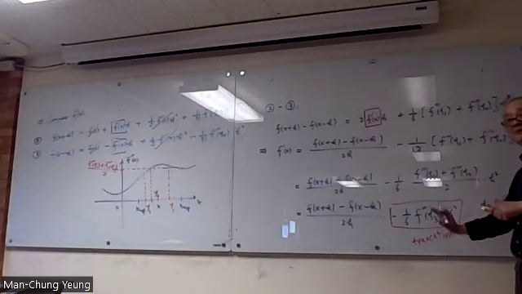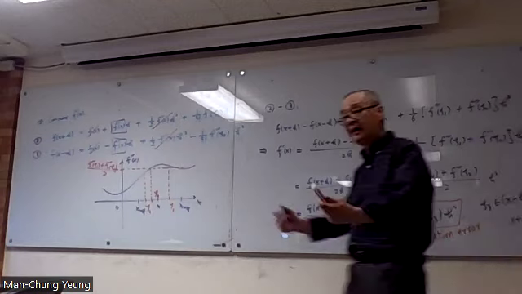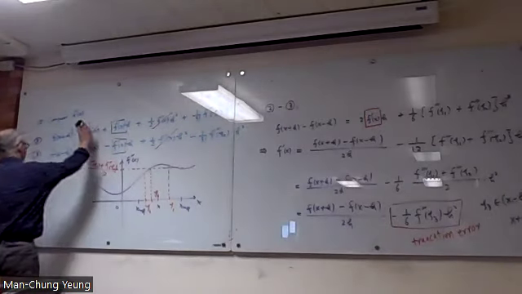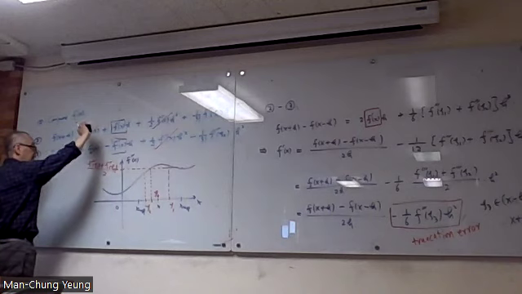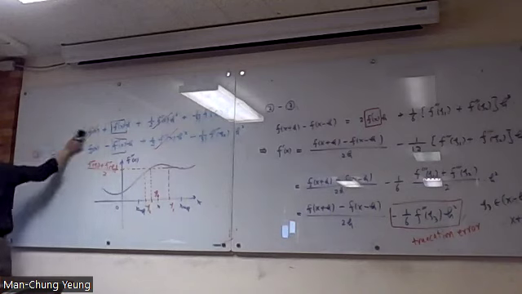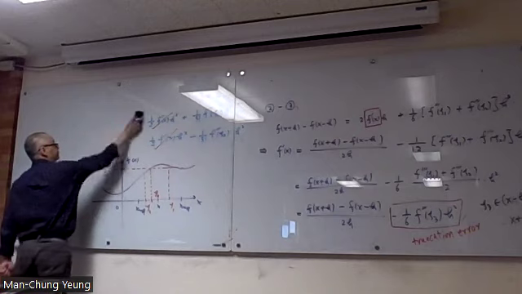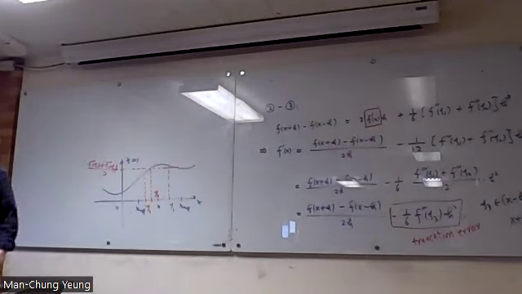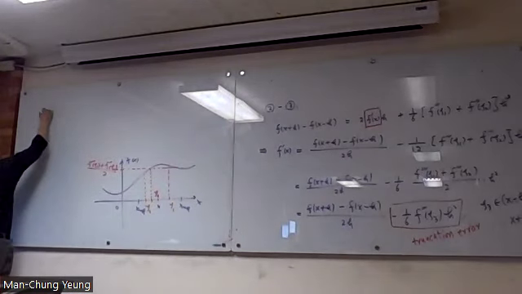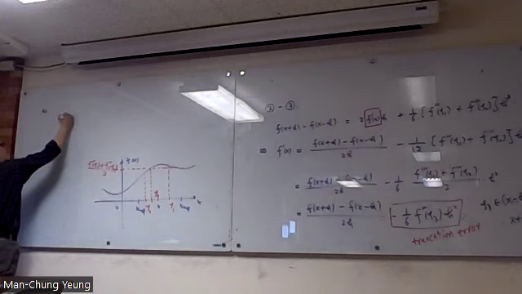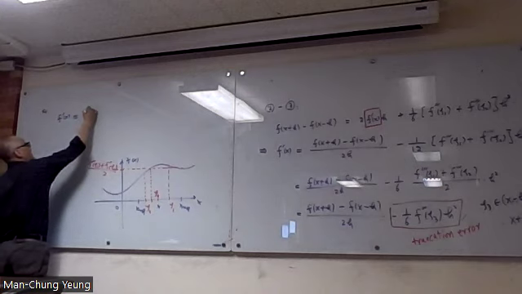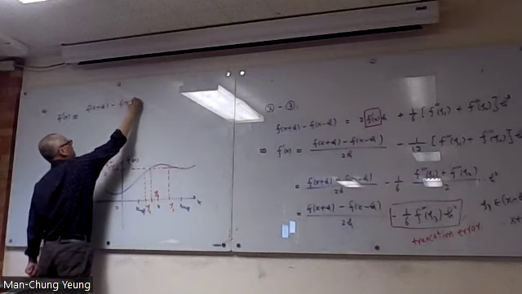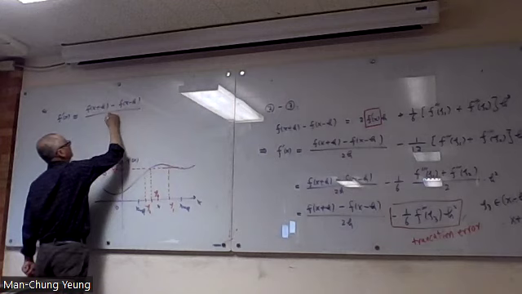Now let me drop the error to get a second formula. Roughly, the derivative is f(x+h) minus f(x-h) over 2h.